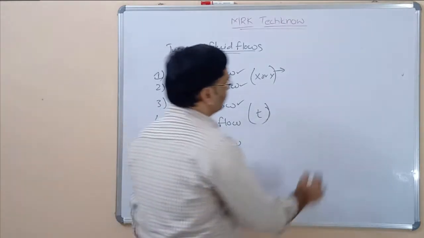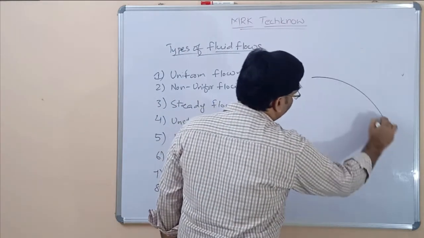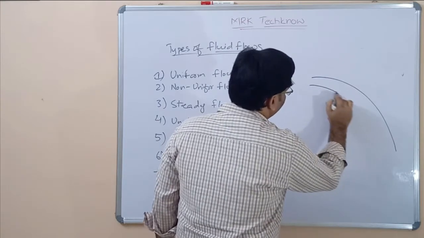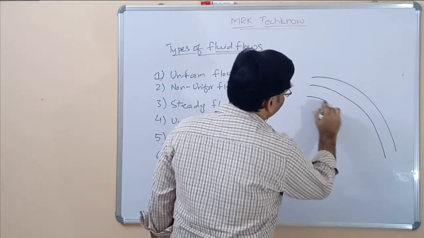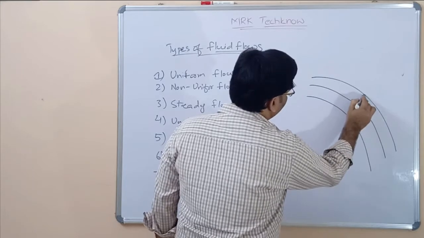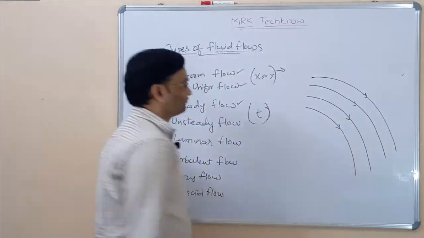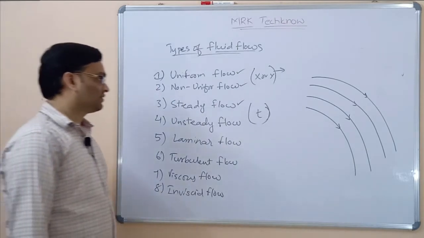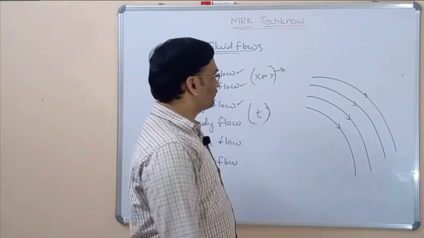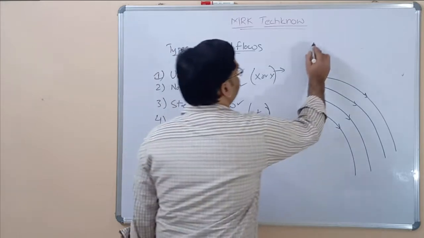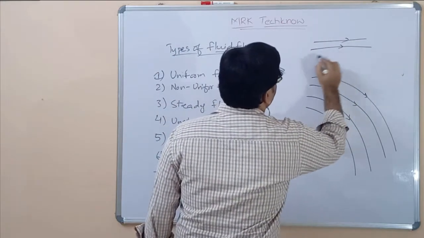For example, a flow takes a curved path like this. If you take the trace of the fluid molecules, all of them follow a perfect path like this. There is no disturbance. Such a flow is called laminar flow. And even in uniform flow, same category.